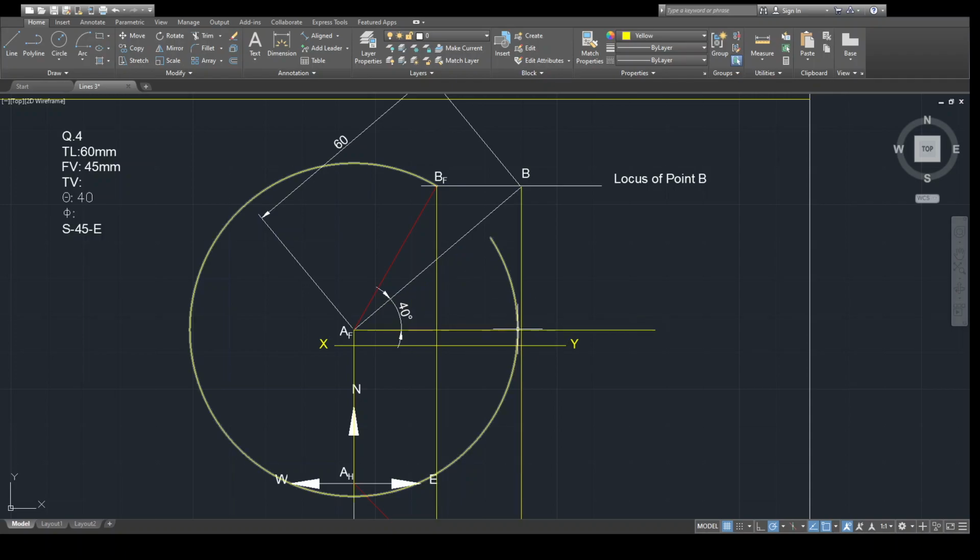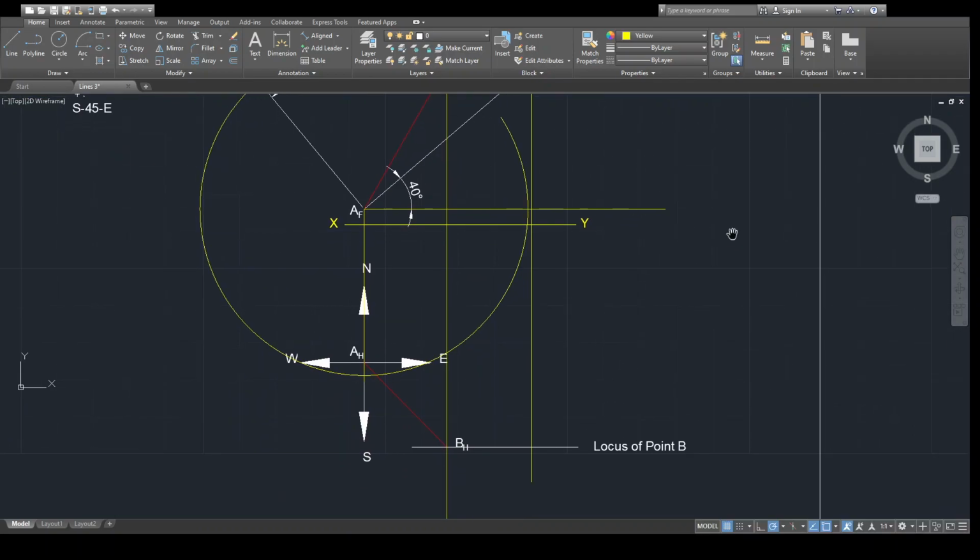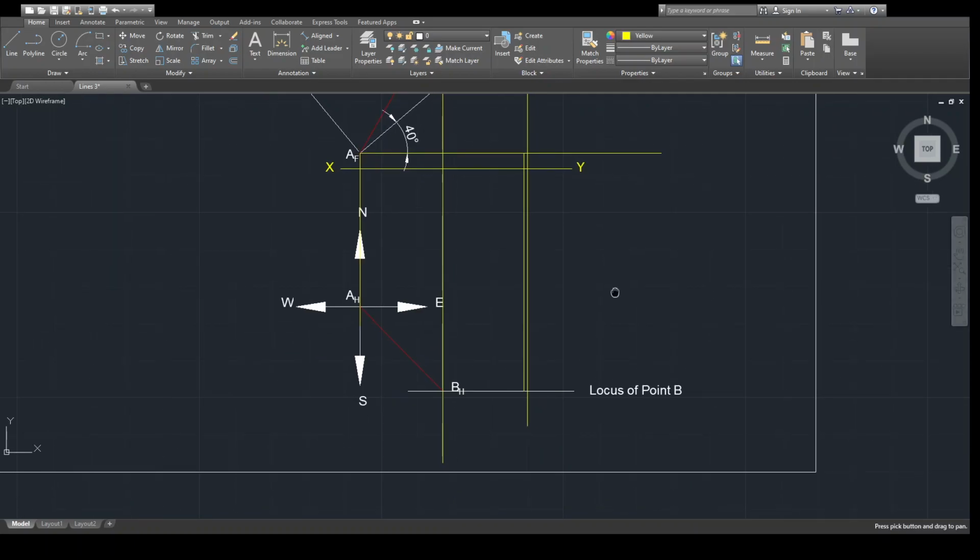Yes. So this is the point. Now the arc extra part, what I will do, directly I will extend the line down. Okay, and this part I will remove for better understanding.